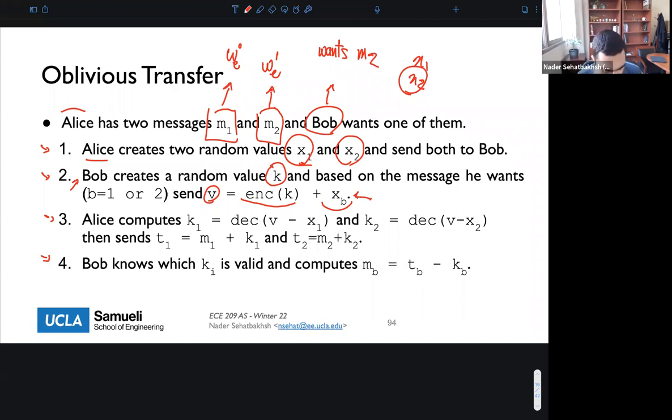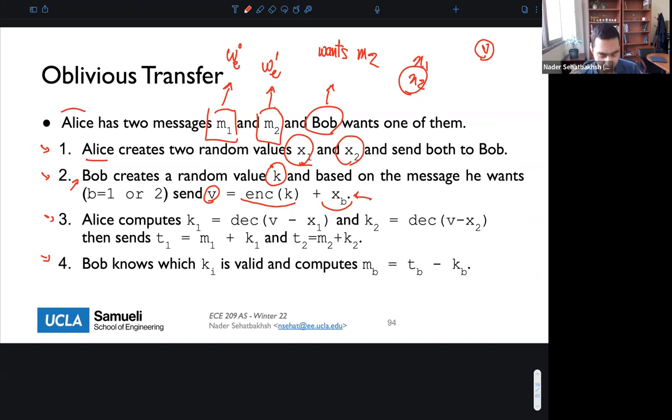If you look at what happens here, what Alice will see is the value V, right? But Alice does not know whether b is equal to 0 or b is equal to 1, because it's just a random looking value.